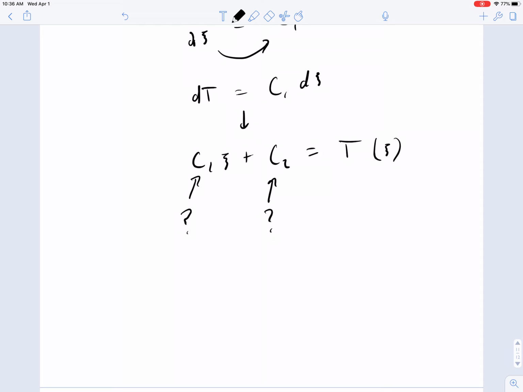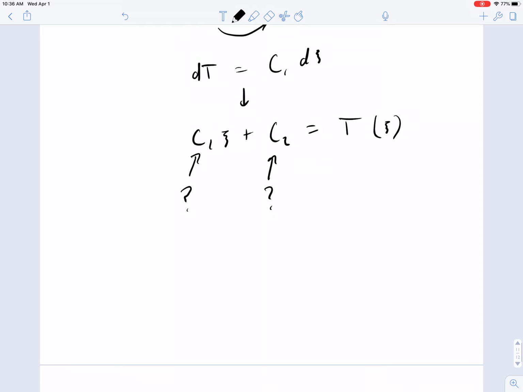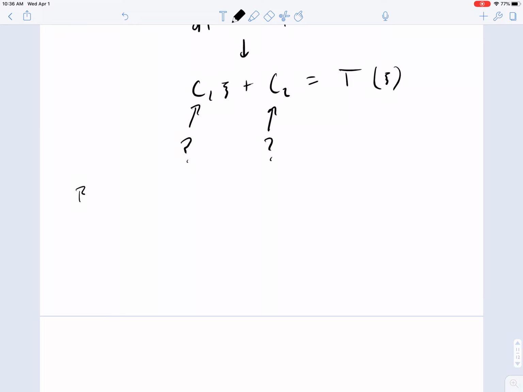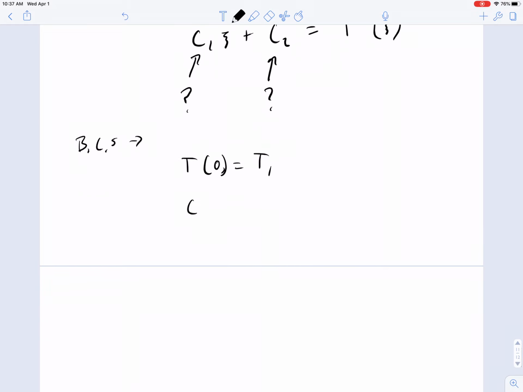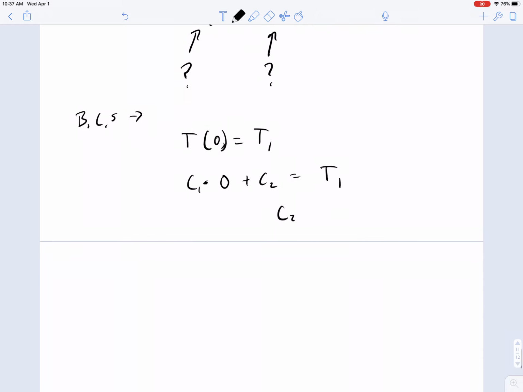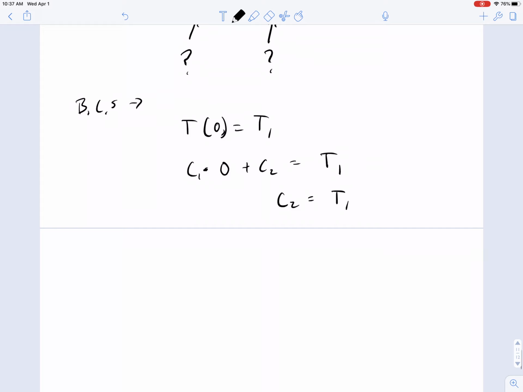How do we do this? It's very straightforward. We use the boundary conditions. So the first one is that T at 0 is equal to T1. So we put in C1 times 0 plus C2 equals T1, which means C2 is equal to T1.